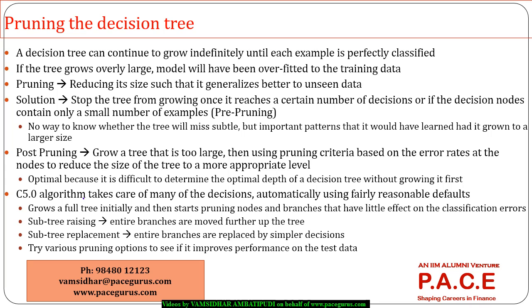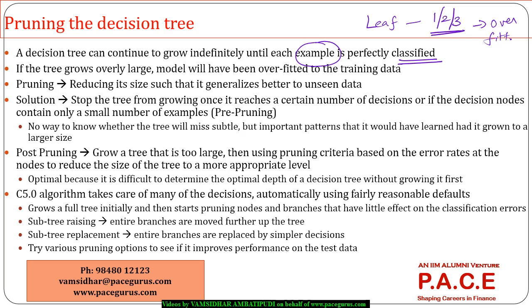As long as all the examples are not perfectly classified, the tree can keep growing indefinitely. So it can so happen that the leaf nodes will contain only one or two or three cases, which will make it more and more overfitted.